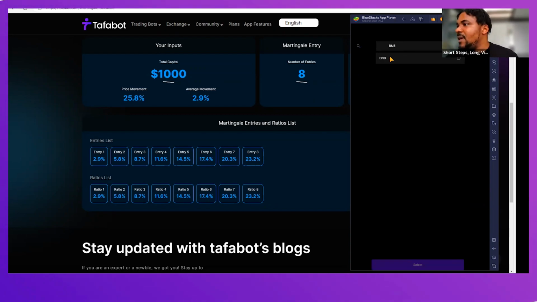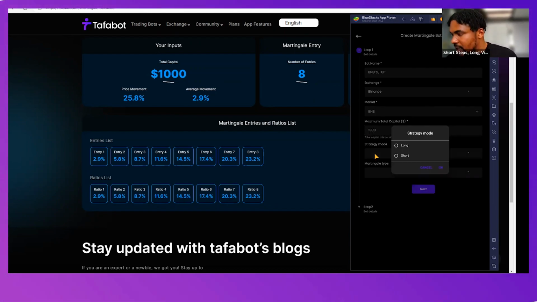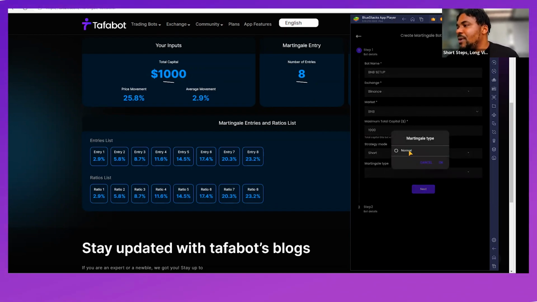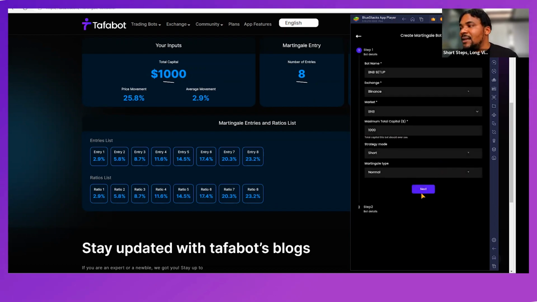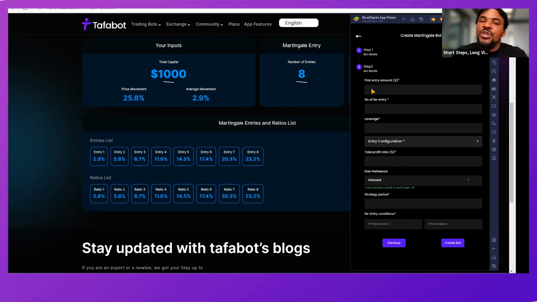Okay, then we have BNB over here, and we want to go for $1,000 and we want to create a BNB short. For today, we're not going to be looking at longing any markets. For spot guys, this is why it's important to also have futures and use the system we're providing, which is more managed, because you don't want to trade just because you want to trade.